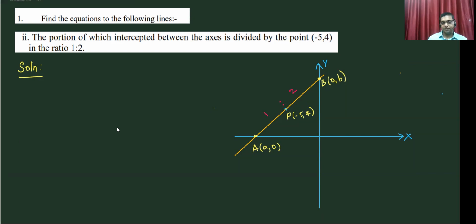Do it, do it. Tell me the answers. What is the value of A you get? You tell me. What is the value of B you get? You tell me.